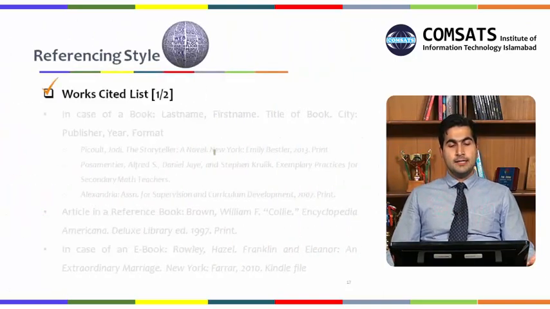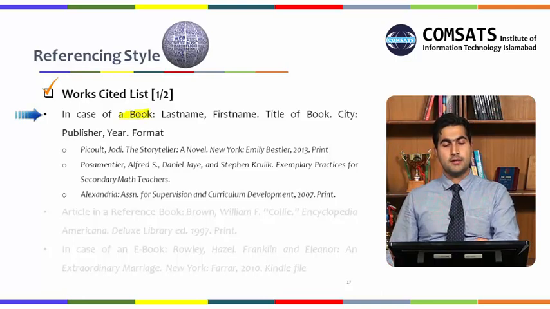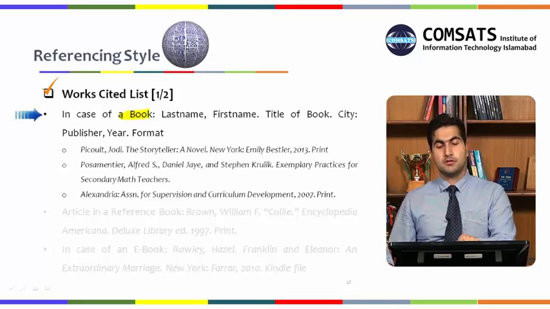Now moving ahead and looking at some of the references. In case of a book that you have to provide within the works cited list, that's how you do it. You first write the last name of the author, then a comma, then the first name of the author. Basically you use their initial.